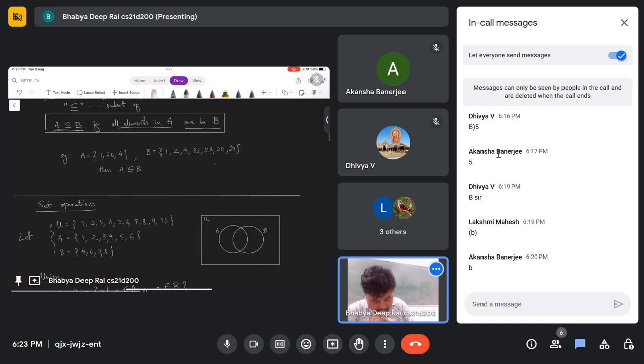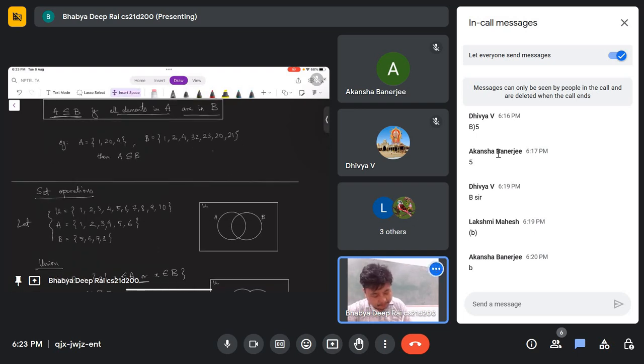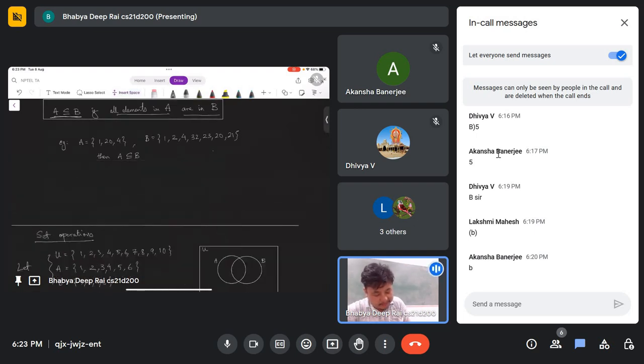For example, here I have a set A. Now what does this box A contain? A contains 1, 20 and 4. And B contains 1, 2, 4, 32, 23 and so on. So the question is, is A a subset of B?